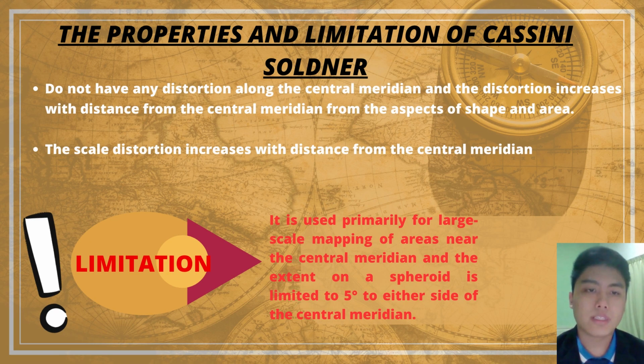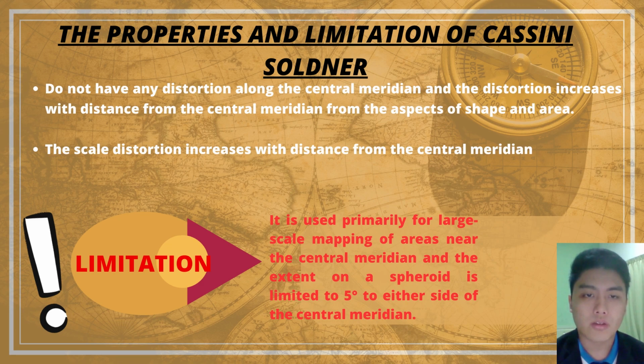What are the properties and limitations of Cassini-Soldner? One of the properties of this projection is that it does not have any distortion along the central meridian, and the distortion increases with distance from the central meridian from the aspect of shape and area.